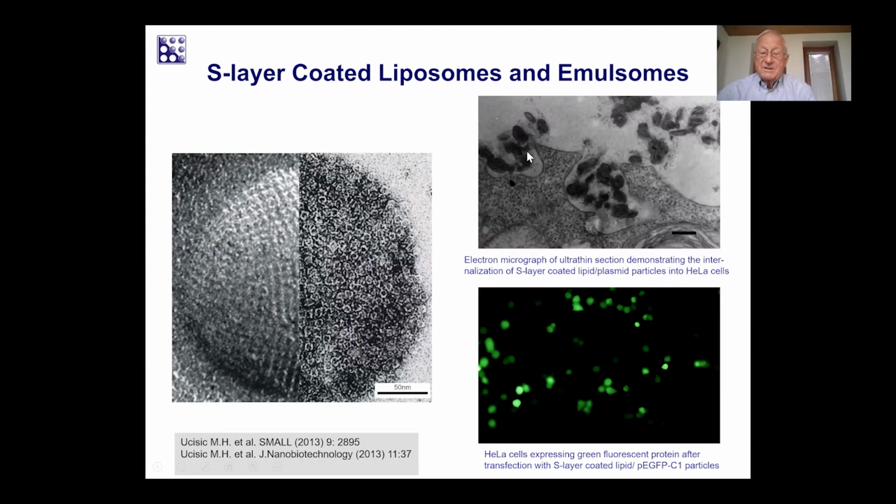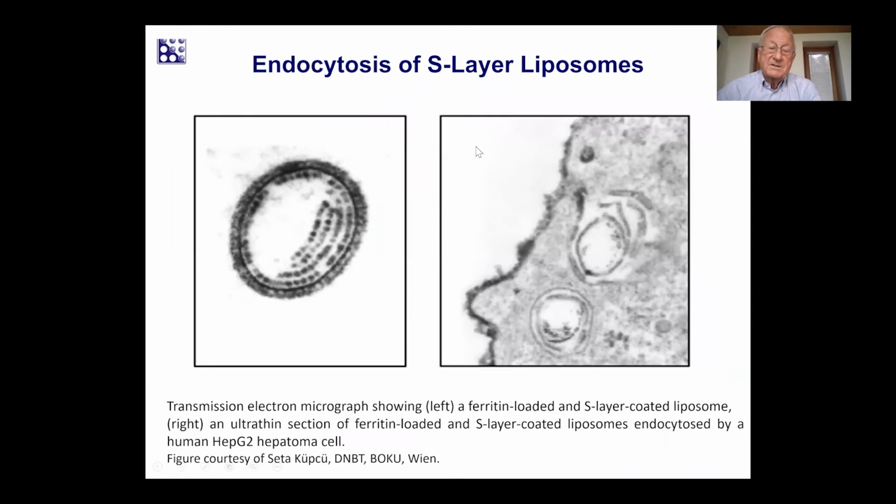Now, this gives you just an idea that such systems, in this case emulsomes, can be observed undergoing endocytosis in cells. These are HeLa cells, and in this case we have also attached a plasmid encoding for green fluorescence protein, and here we see that this transfection system really works.